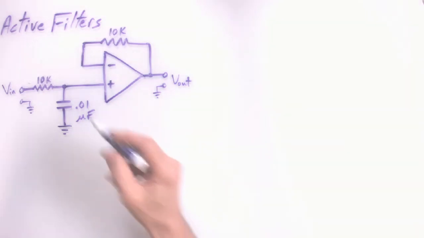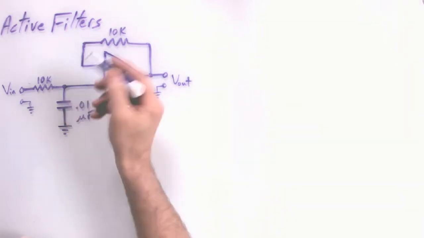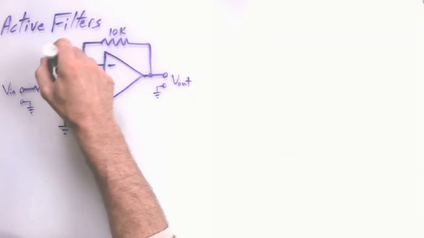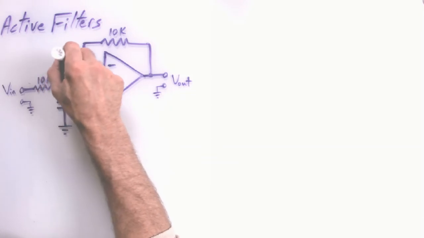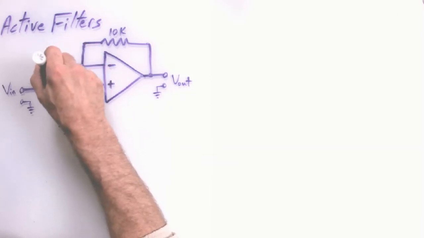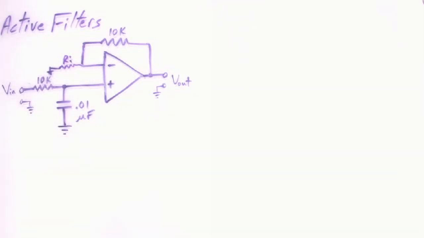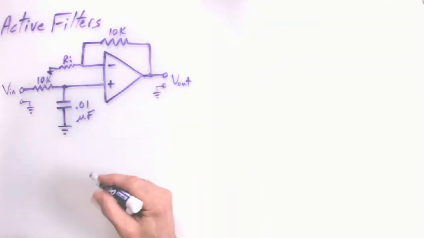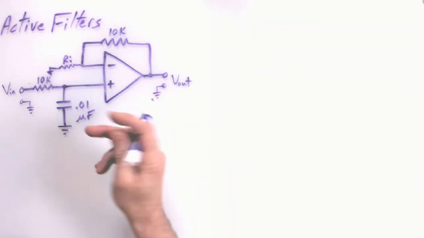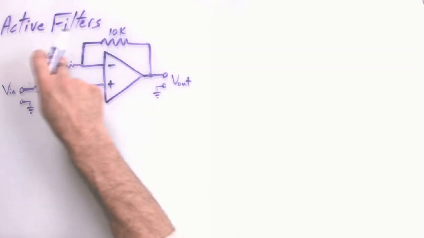And of course, like we said, with the addition of an op amp, you have the option to add gain to your filter, and that would just be, if I can squeeze it in here, you could add some amount of a resistor for RI. So if I wanted this filter to have a gain of 2, right?